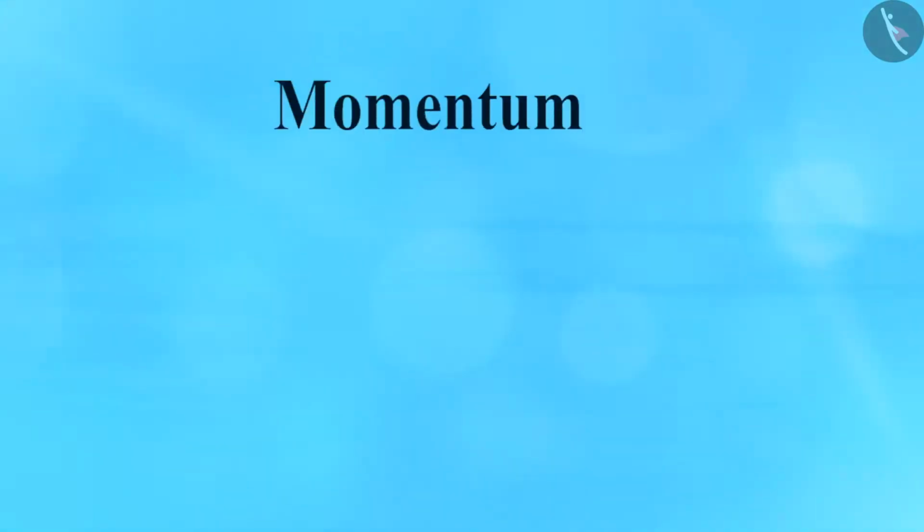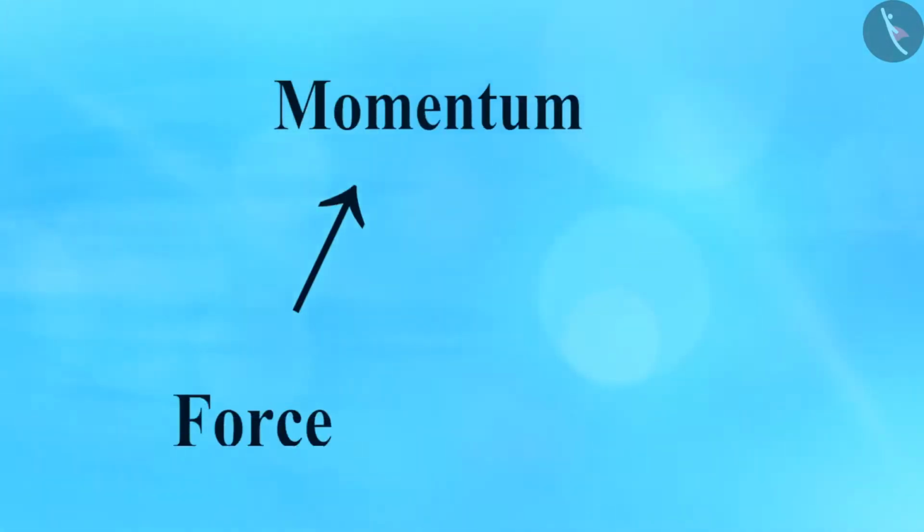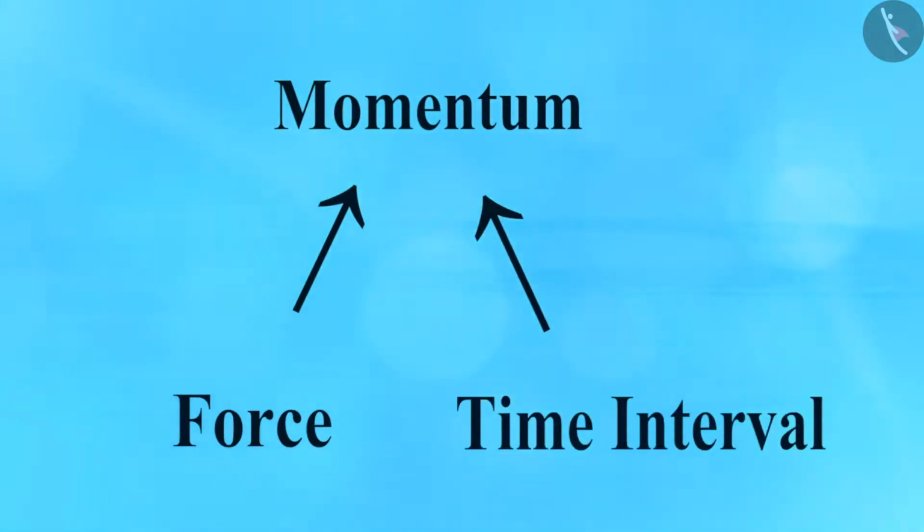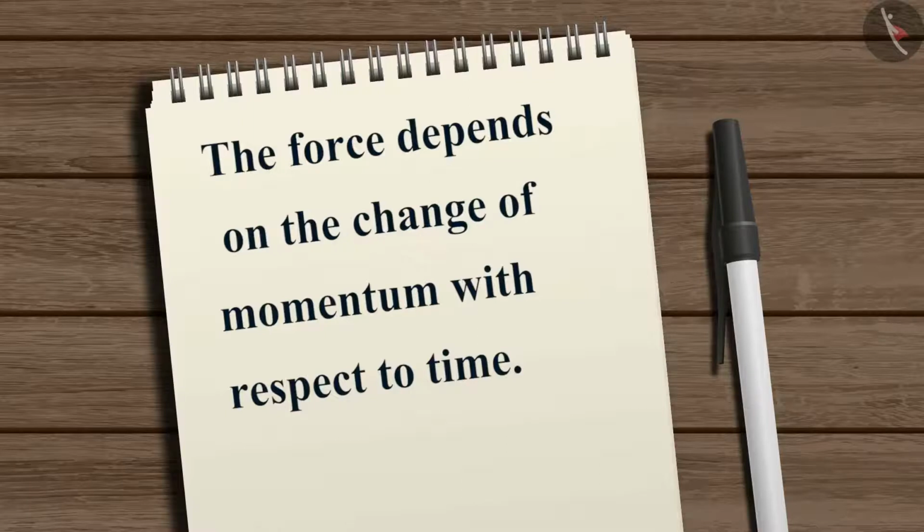This shows the change in momentum of a body does not only depend on the force, but also depends on the time for which the force is applied. That is, the force that needs to be applied to change the momentum of an object depends on the change of momentum with respect to time.